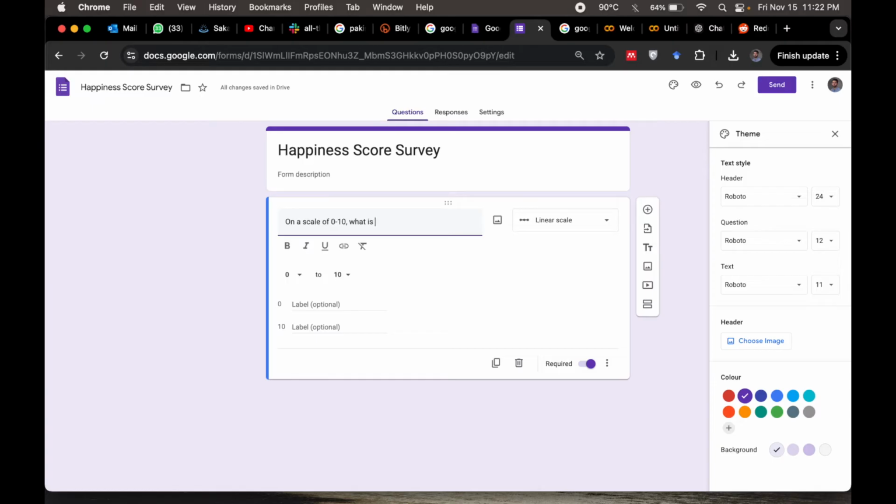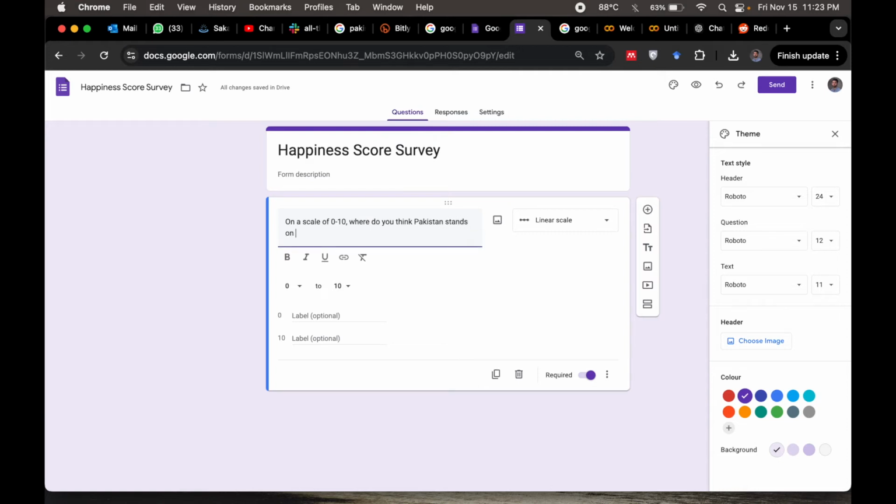So 0 to 10, where do you think Pakistan stands on happiness index, right? I might as well just select all and bold it.